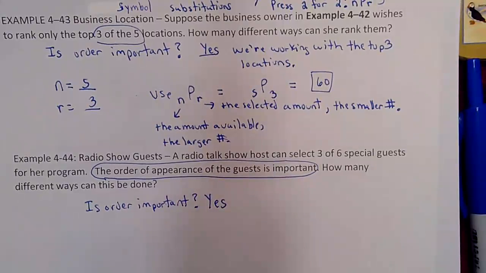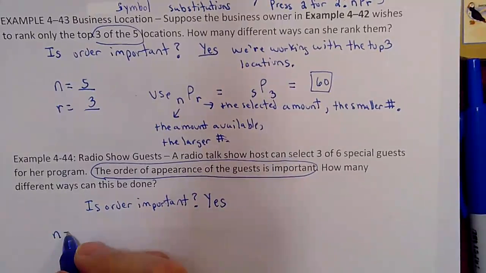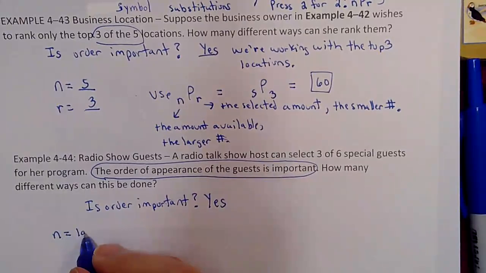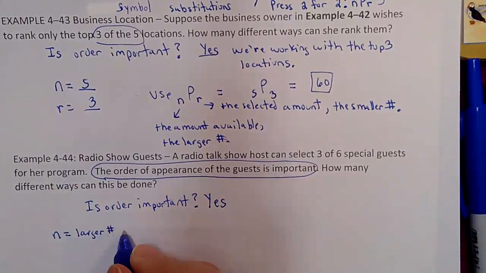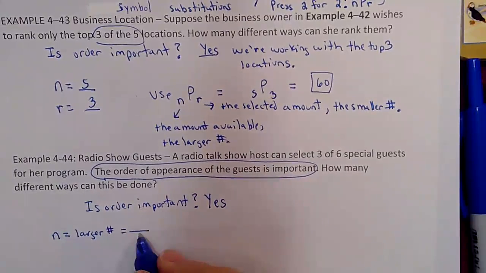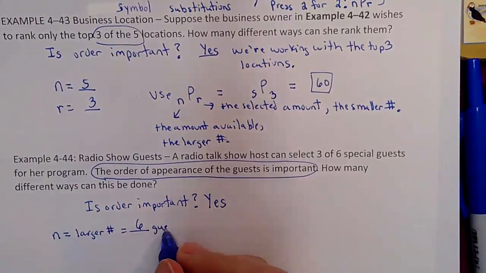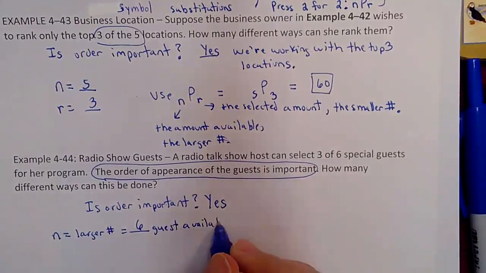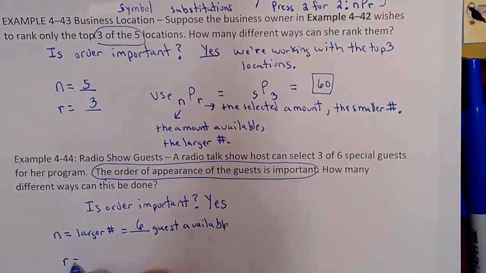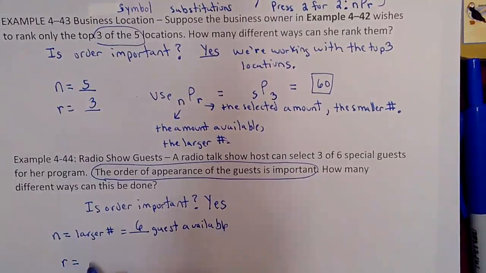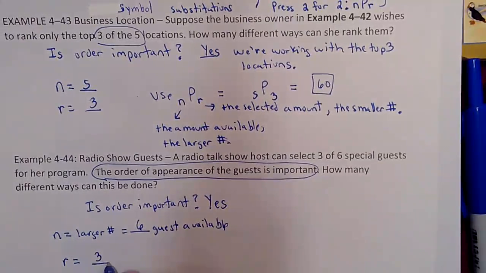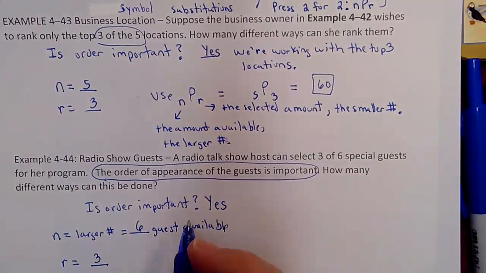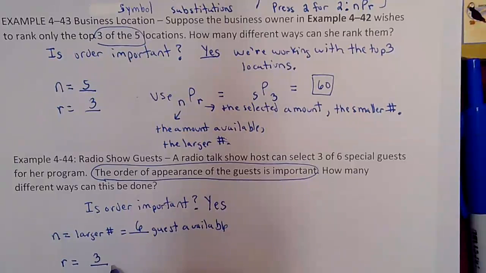You want to say yes. And N, which is the larger number, would be 6 guests available. And then R is equal to 3, the smaller number. These are the 3 guests selected.